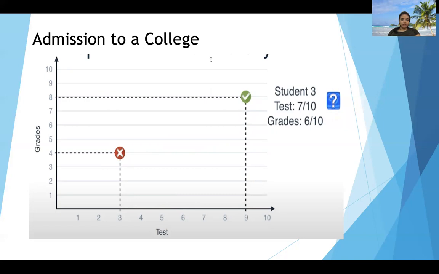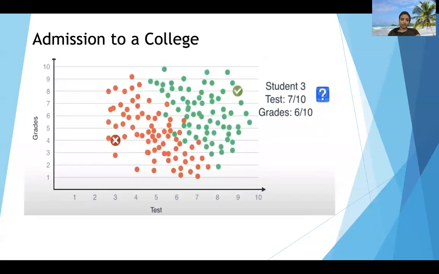Here student 1 would lie over here, whose coordinates are 9, 8, and student 2 lies over here and the coordinates are 3 and 4. In order to find whether student 3 would be accepted or not, we will look at the previous data. And the previous data looks like this. Green points represent students who were previously accepted, and red points represent students who were rejected.